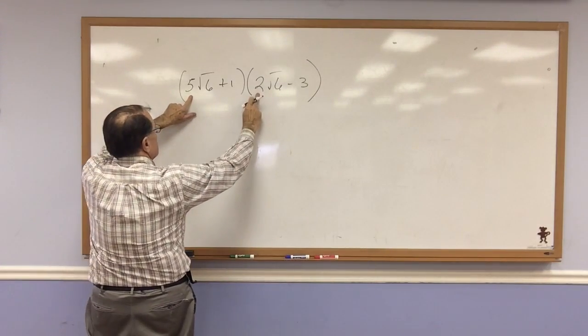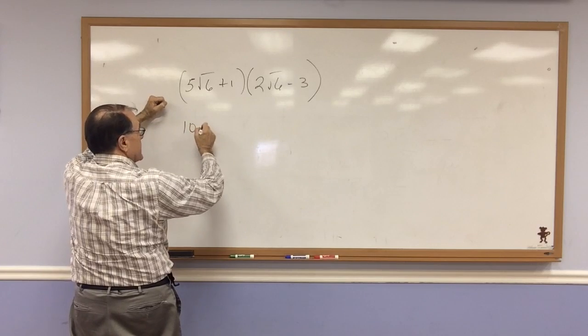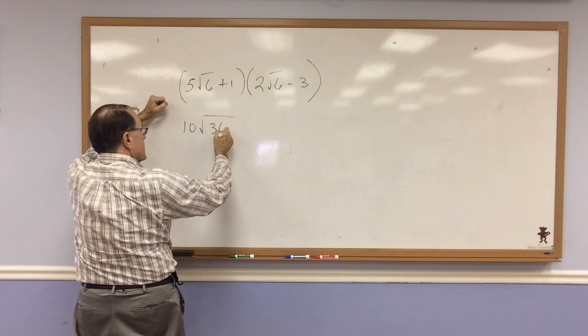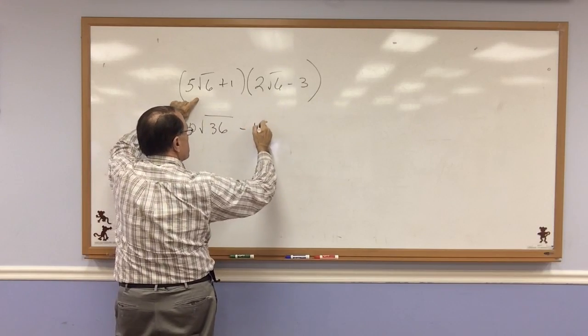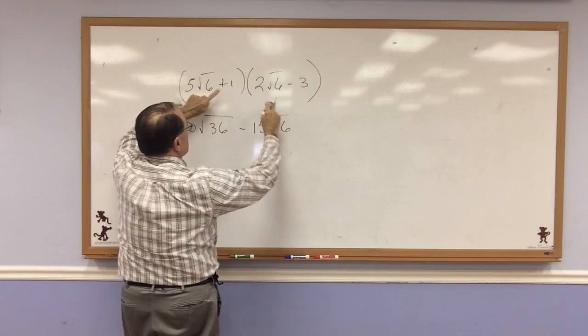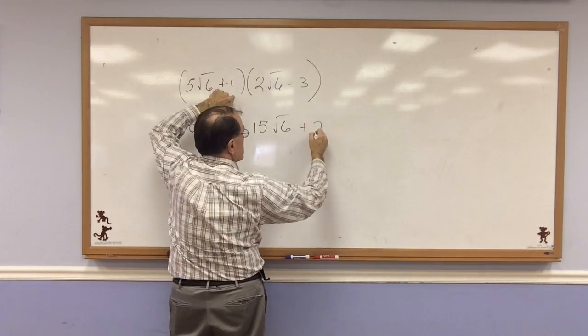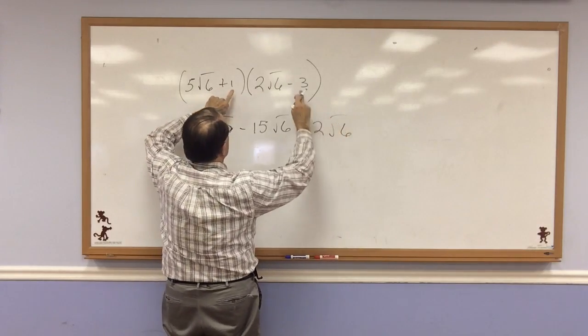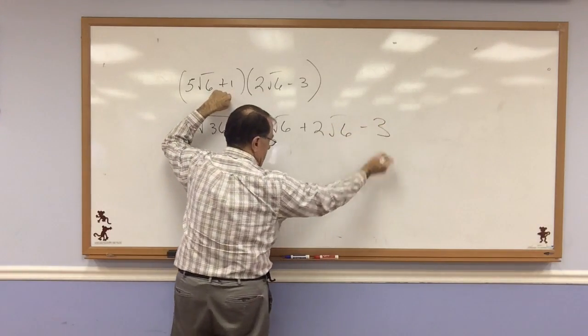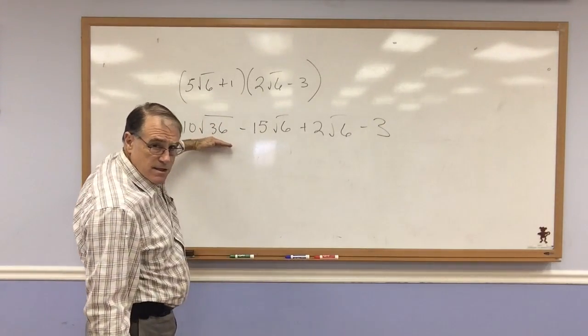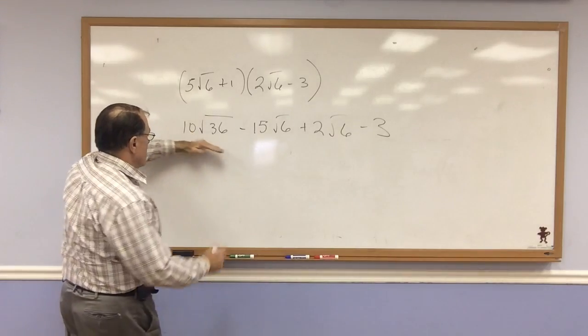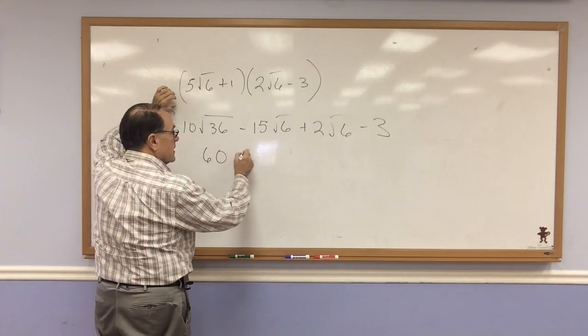So first, 5 times 2, 10. 6 times 6, root 36. Outer, minus 15 root 6. Inner, positive 2 root 6. Last, negative 3. Now notice I've got some combining I can do because root 36 is 6. 10 times 6 is 60.